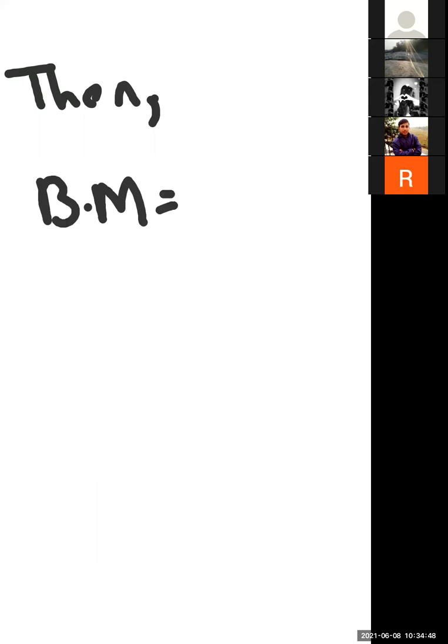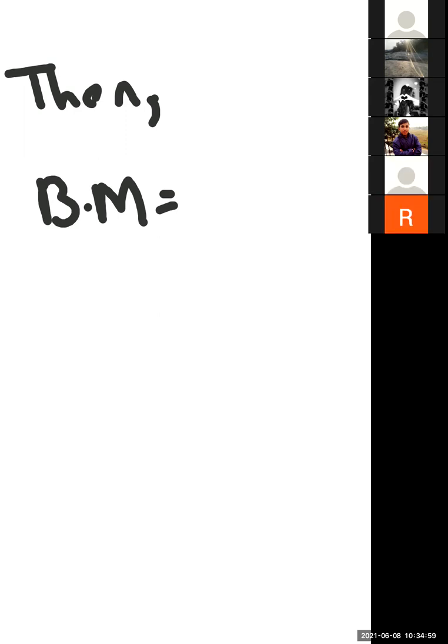Then we find out the bending moment of this beam section, and tell me what is the formula of bending moment.